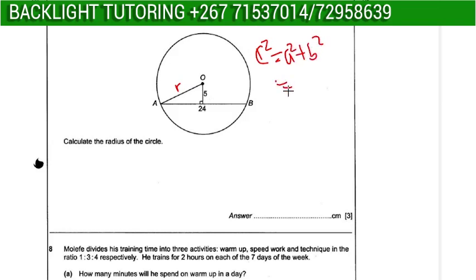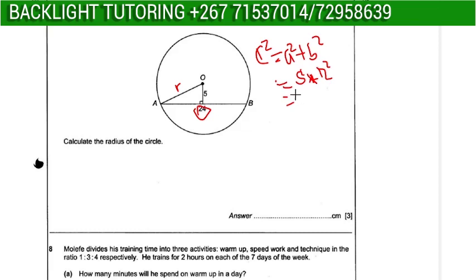So what is a? You can have 5 squared plus, remember 24 divided by 2, 12 squared.